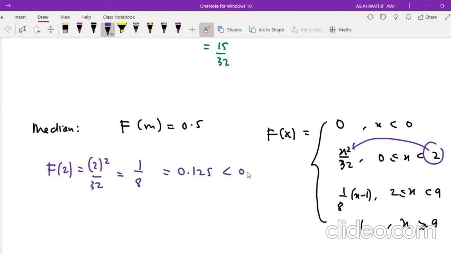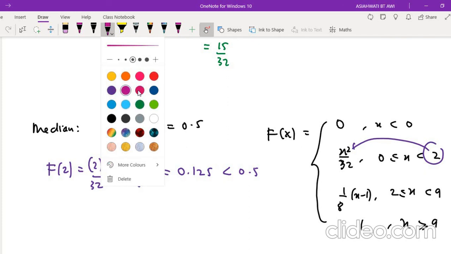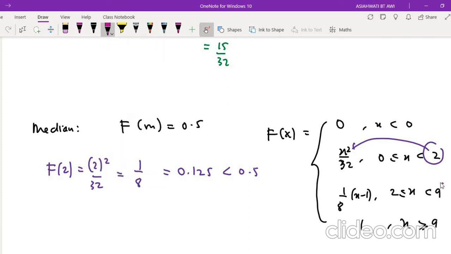This is less than 0.5, so we can conclude that the median lies in the next interval. Because the maximum value in the first piece gives the probability 0.125, which is less than 0.5, we conclude that M lies between 2 and 9.